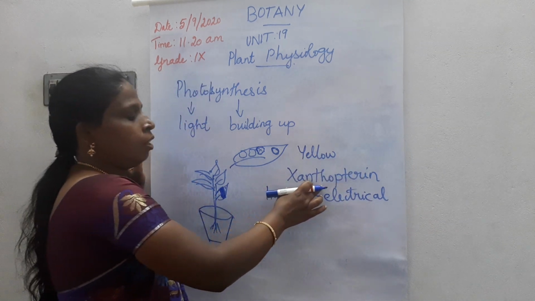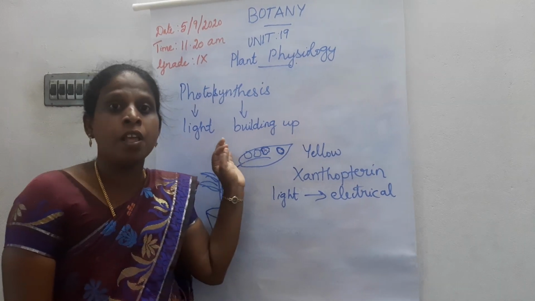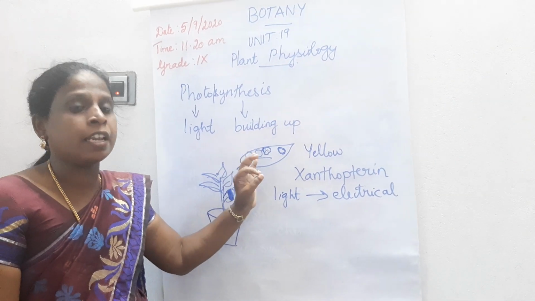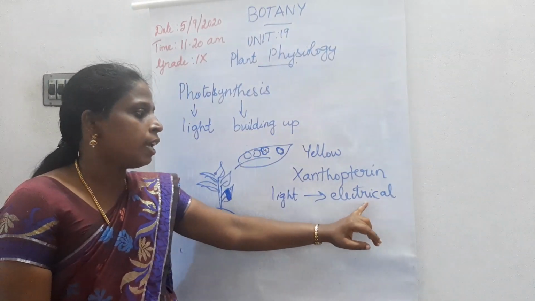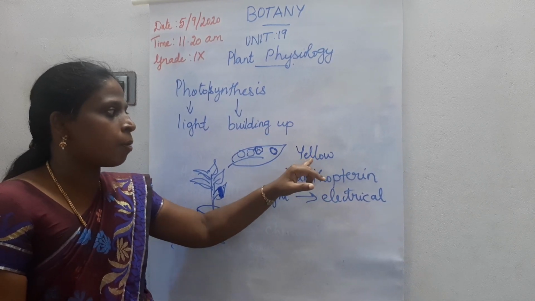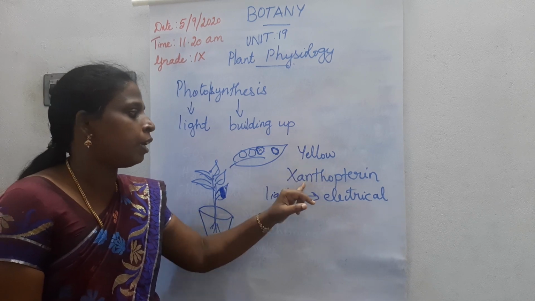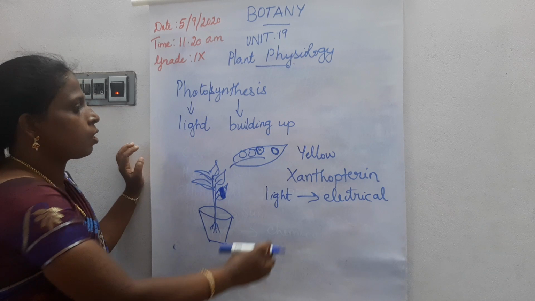The insect traps the sunlight and converts it into electrical energy because of the yellow pigment xanthopterin present in the abdomen. So this is about photosynthesis.